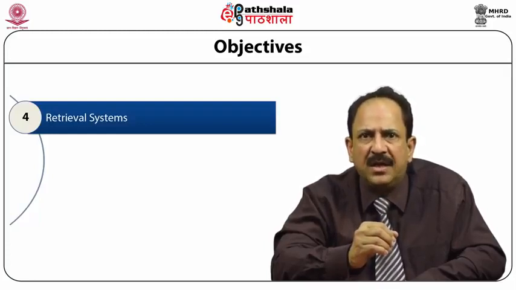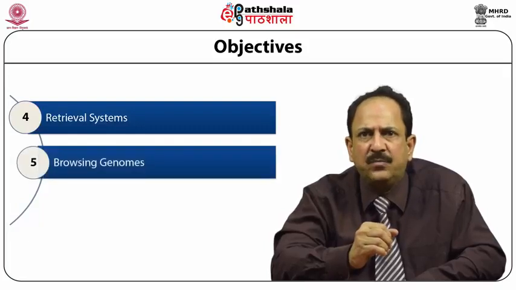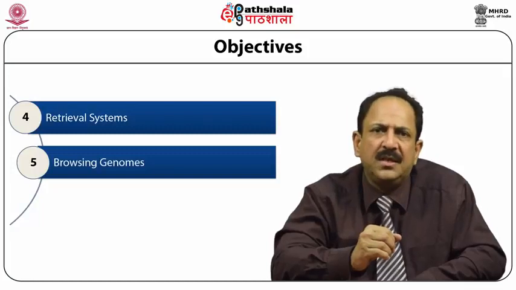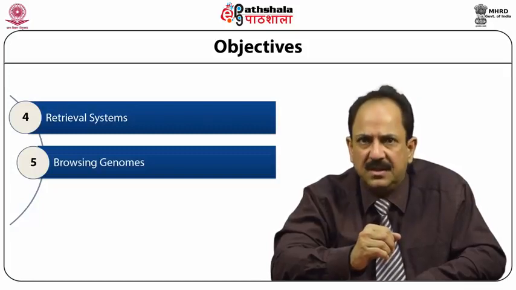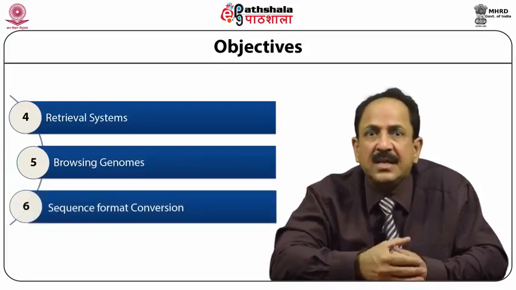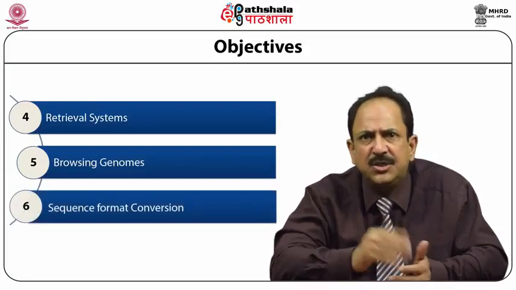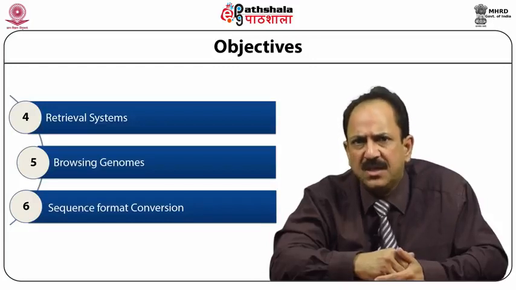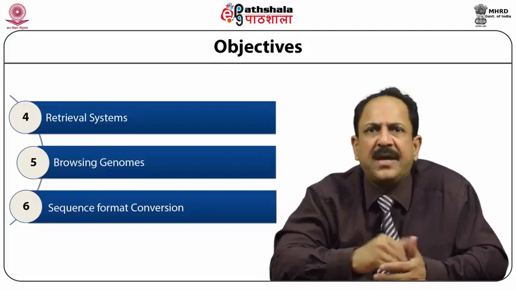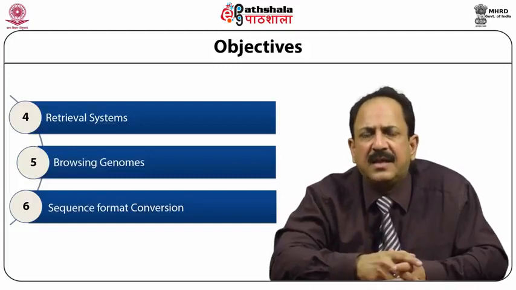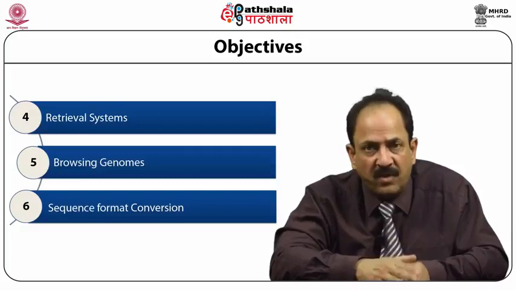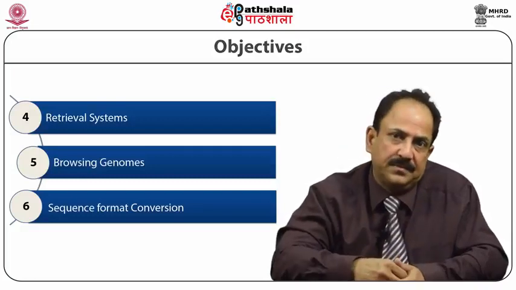Students will also learn browsing the genomes for understanding the gene arrangement on chromosomes in individual organisms. Finally, you will be converting one sequence format into another using online sequence programs, so that the sequence format recognized by a specific software can be obtained by just converting from one sequence format to another.